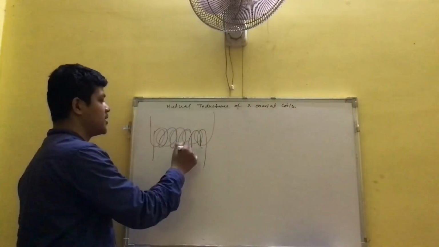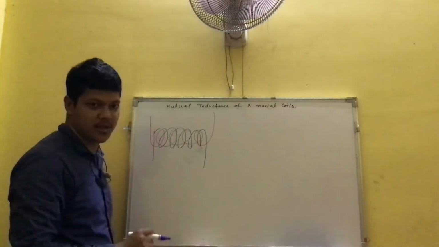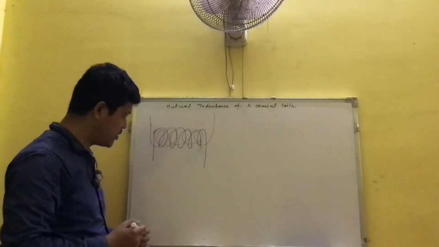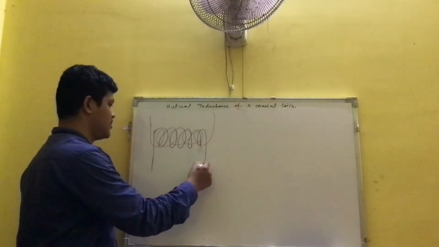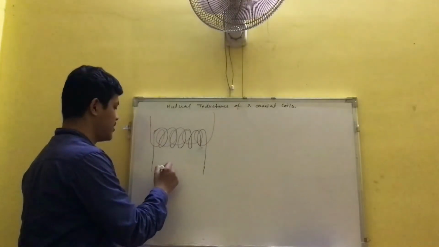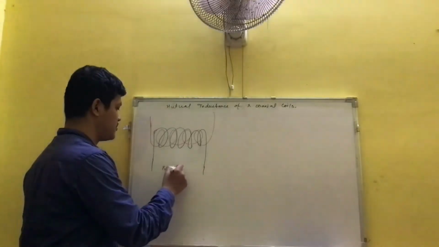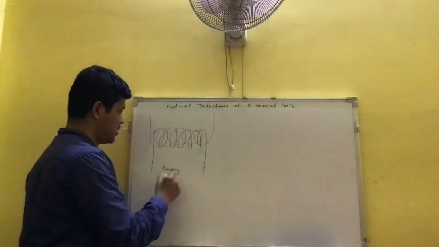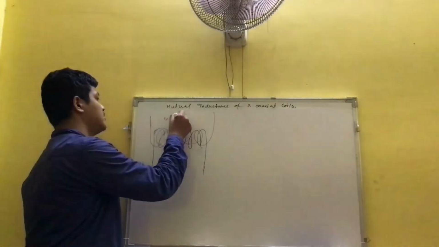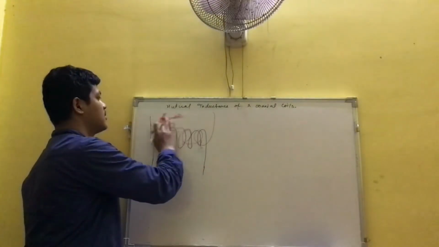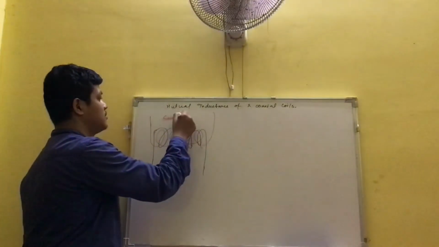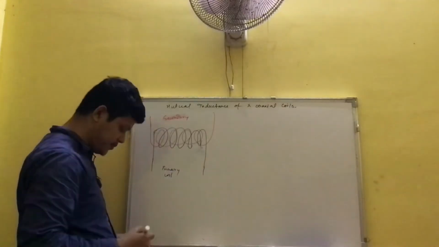And they are made of insulating wire. This blue one is suppose the primary coil, and the red one is suppose the secondary coil.